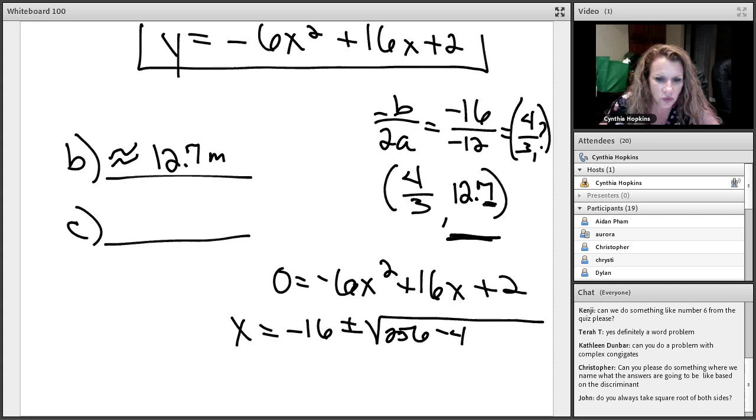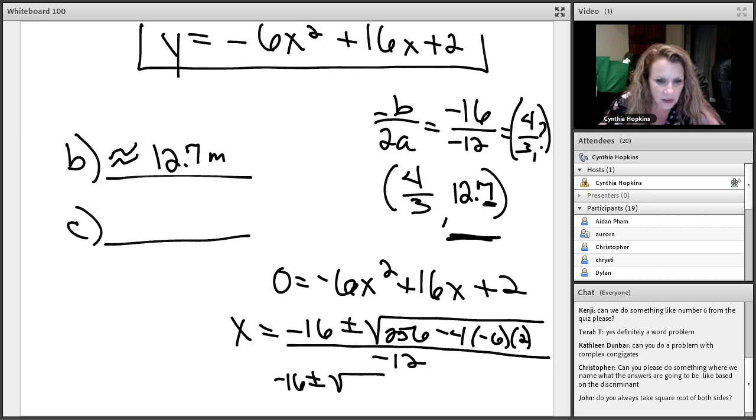I suggest you write minus 4, write out your a, write out your c, and we'll go back and simplify that in a moment. And then all over 2a is negative 12. Okay, when you simplify what's inside the square root, you just need to be careful. You end up getting the square root of 304 all over negative 12.